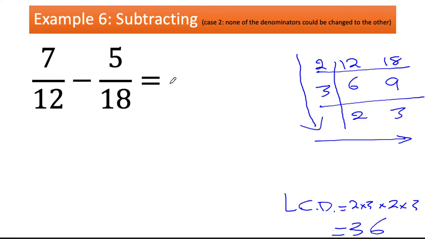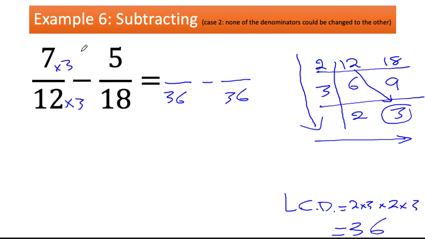Now, I will change both fractions to new fractions with 36 in the denominator, and it's quite easy to decide 12 times what equals 36. However, you can find it this way directly. You know, this should be the number. So I'm multiplying it by 3 and multiplying by 3. And same for 18. I know it's multiplied by 2. If you don't know, you can go this way. It should be the number.